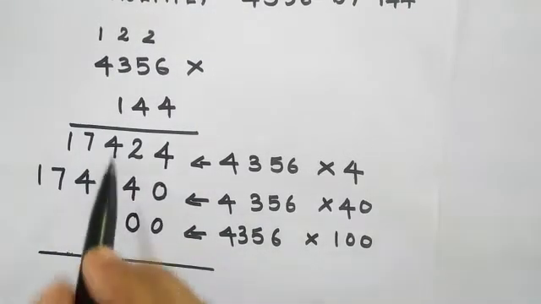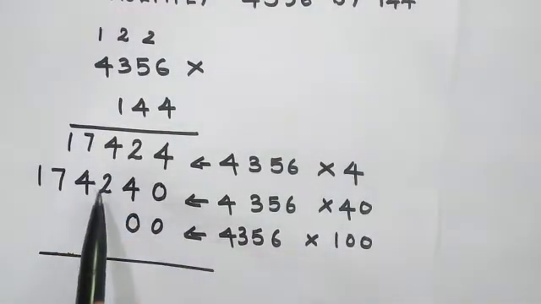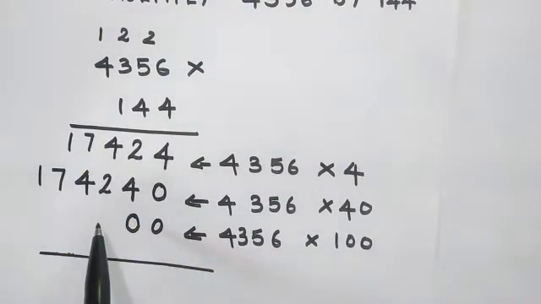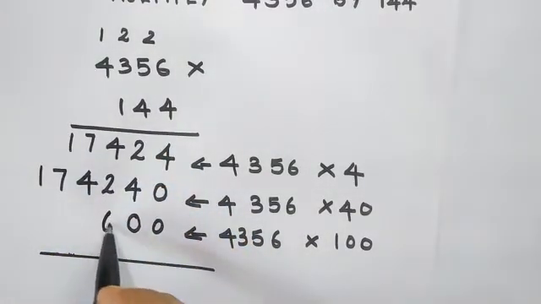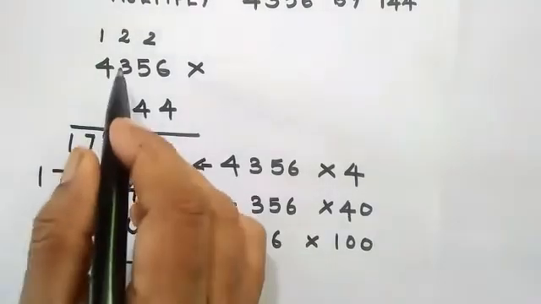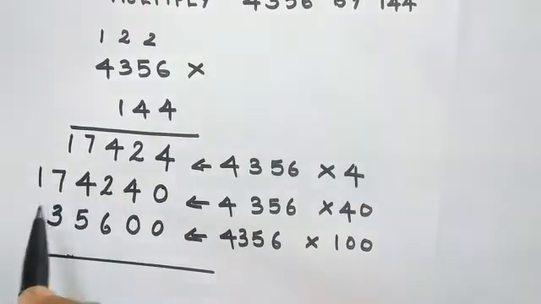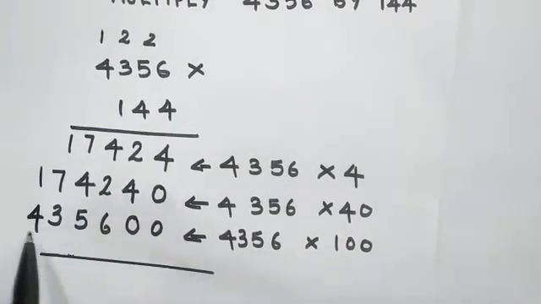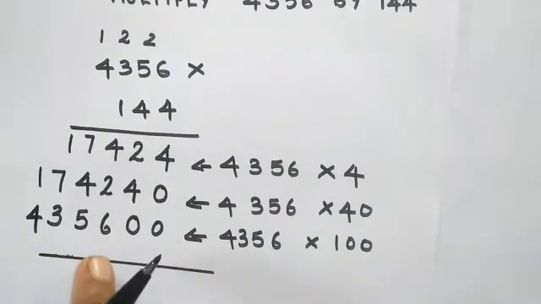Then we will multiply the digit with 1 and write here in the hundreds place. Okay. 6 into 1 is 6, 5 into 1 is 5, 3 into 1 is 3 and 4 into 1 is 4. So multiplication with these 3 digits is over.